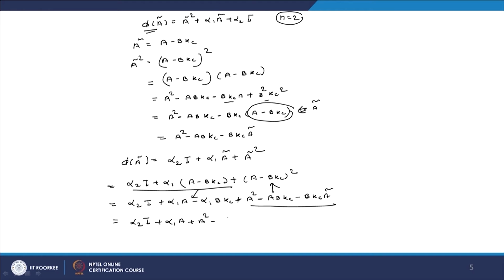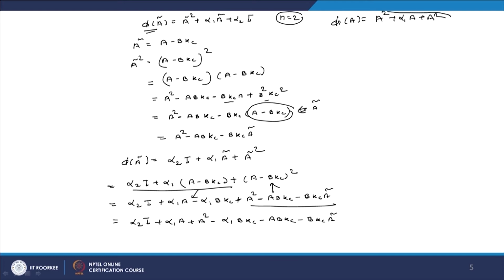Now, here alpha 1 b into k c minus a b into k c minus b k c into a bar. As we have got phi a bar as a square plus alpha 1 a plus alpha 2 a, but if you write the equation as phi of a is nothing but a square plus alpha 1 a plus a square.